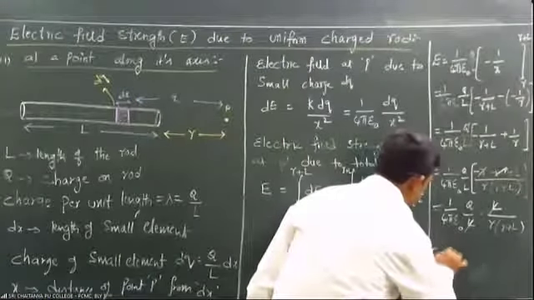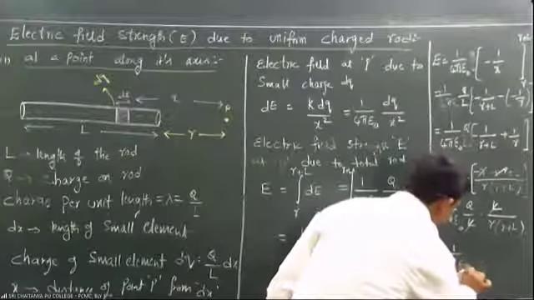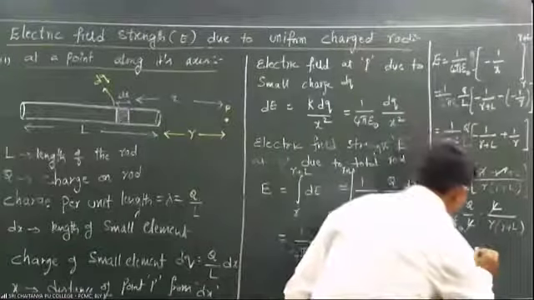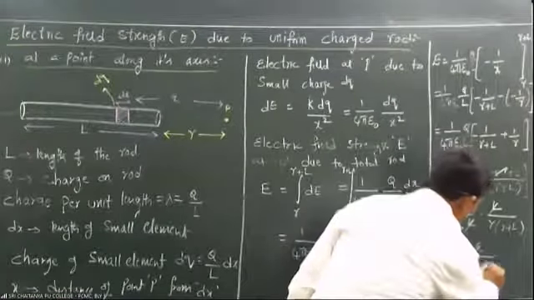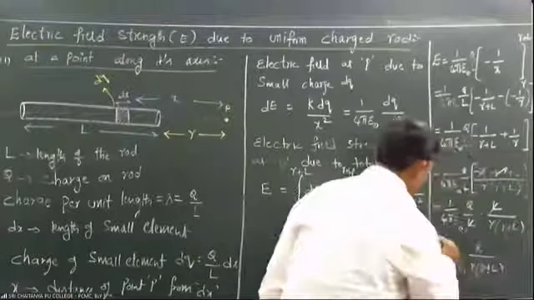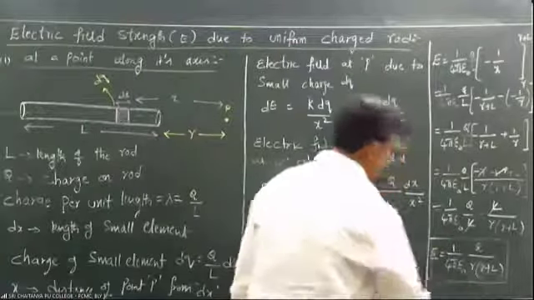E is 1 by 4 pi epsilon naught Q by R into R plus L. This is your answer, right?